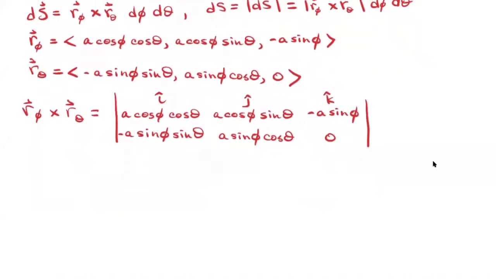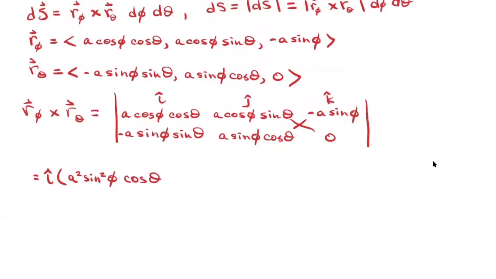Okay, here we go. For the I component, I'm going to do it this way. It looks like I'm just going to have an a squared sine squared phi cos theta. I'm going to double check that. Yes, a square sine square phi cos theta.